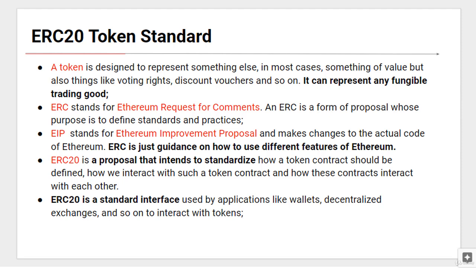ERC20 is a proposal that intends to standardize how a token contract should be defined, how we interact with such a token contract, and how these contracts interact with each other. ERC20 is a standard interface used by applications like wallets, decentralized exchanges, and so on to interact with tokens.